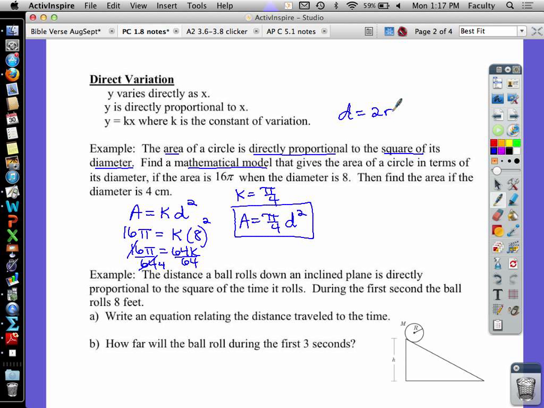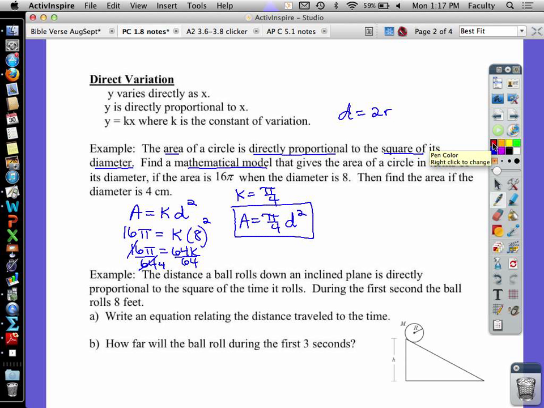The radius is half the diameter, or the diameter is equal to twice the radius. So if I did a substitution and replace the diameter with 2r and you square it, isn't that 4r squared? The 4's cancel, pi r squared. This is a cool alternate formula. It's kind of neat.